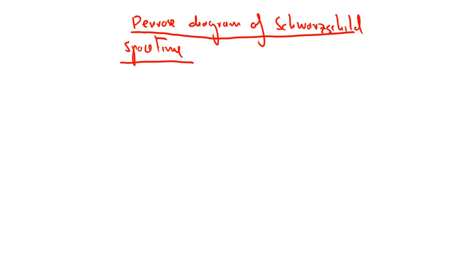Well, let us start by writing down the line element of the Schwarzschild solution.